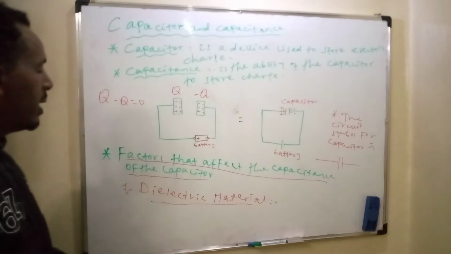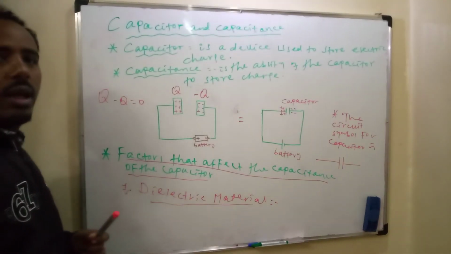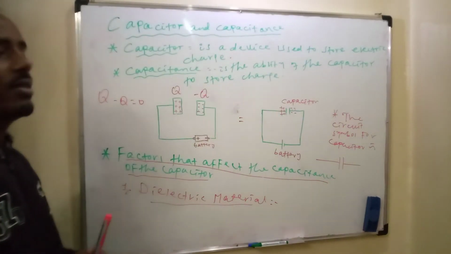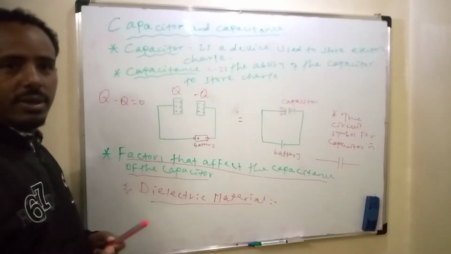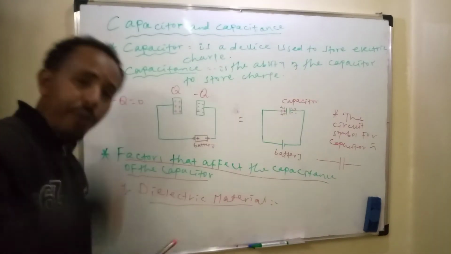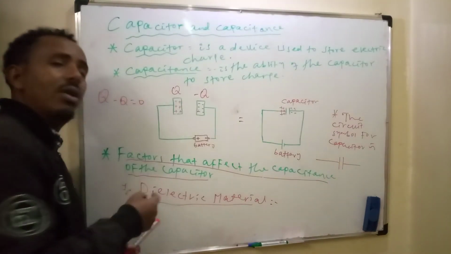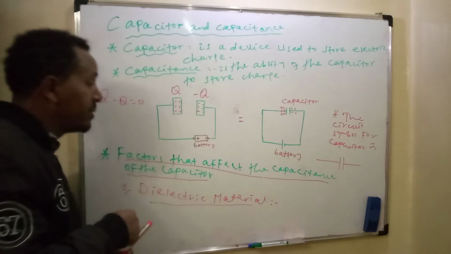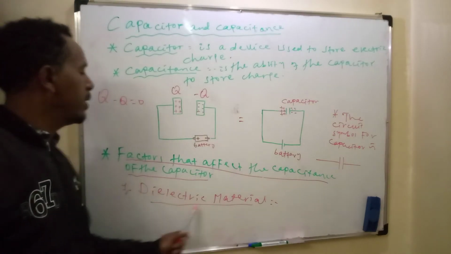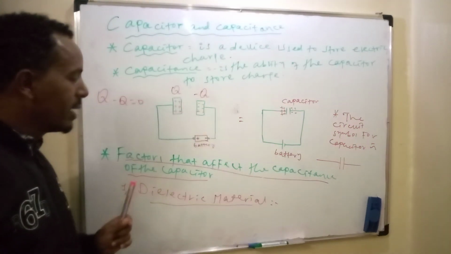A dielectric material is an insulating material which is inserted between the two plates. This can affect the capacitance of the capacitor. The ability of the capacitor can be affected by dielectric material.